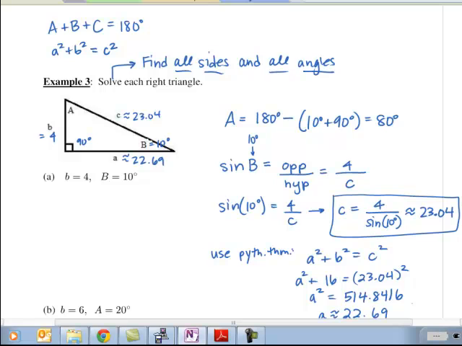And then we wanted to use a trig function at some point to get one of the two sides we didn't know. So if two sides are missing, use a trig function to find one of them.